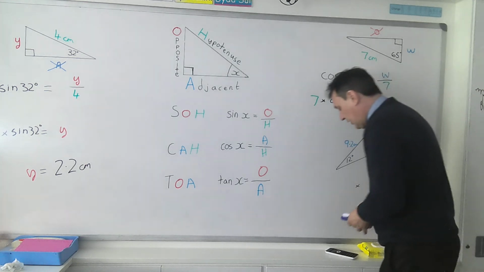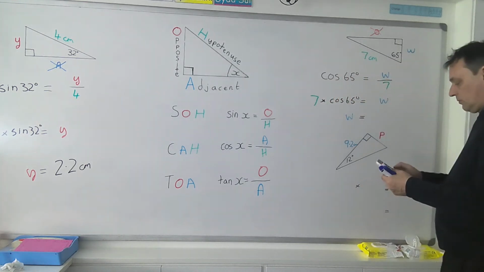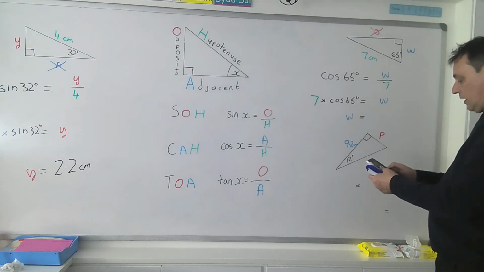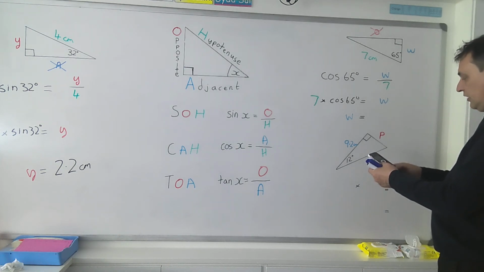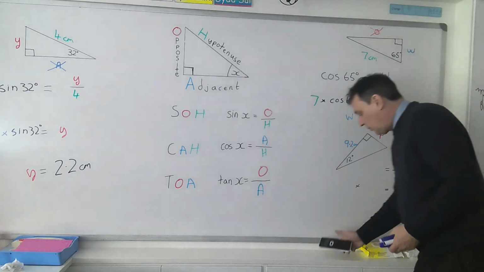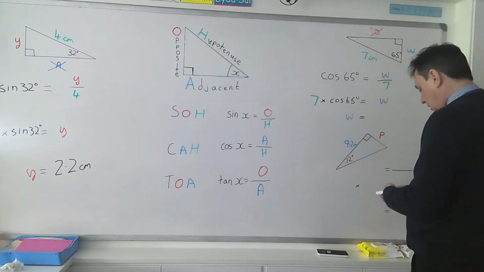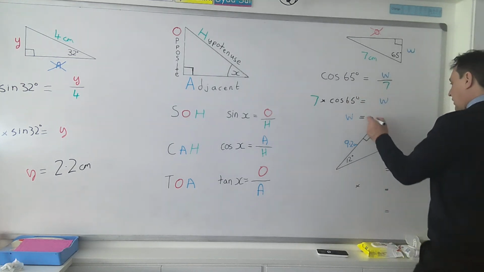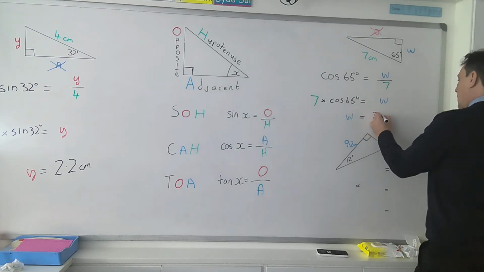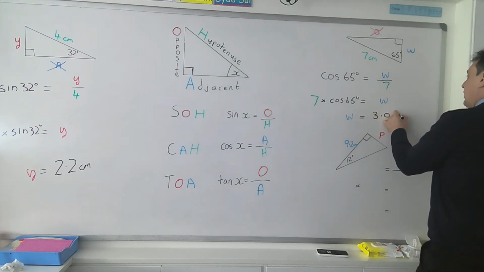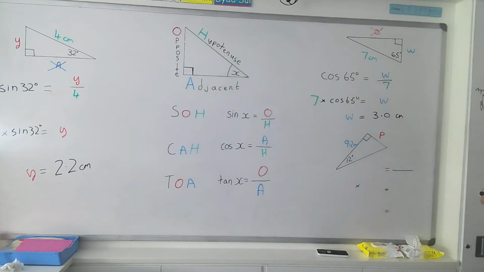And the final stage is 7 times cos 65 degrees, and that gives me 2.958. So I'll call that 3.0 centimetres. Okay, so that's the length of W.